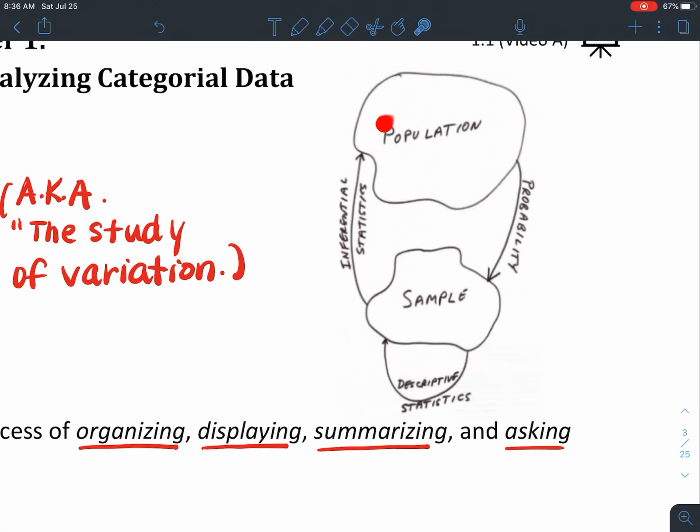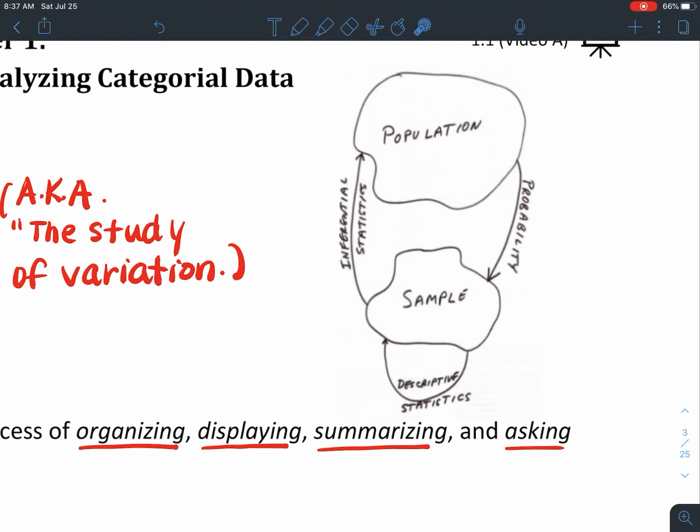And so what they end up doing is through a random process, randomly selecting a smaller group from that population, which we would call a sample. Now, if you have a smaller group of data, then you could organize that data, display it, summarize it, and maybe draw some conclusions.